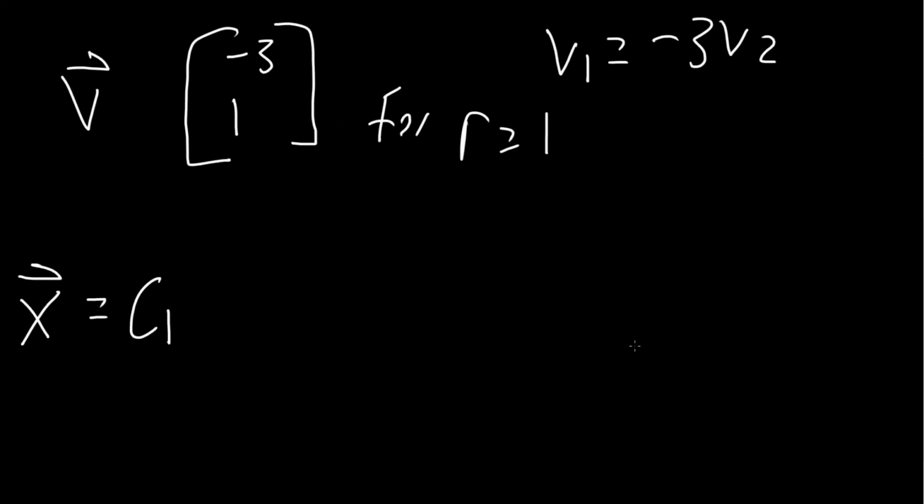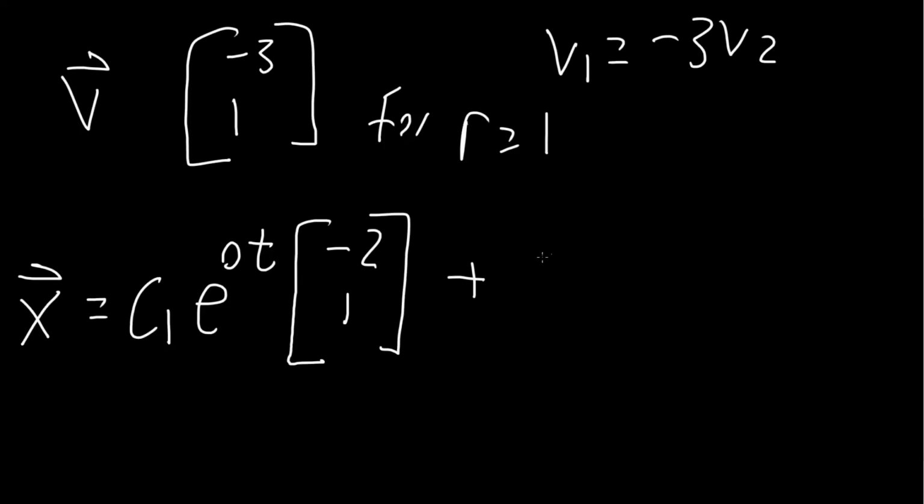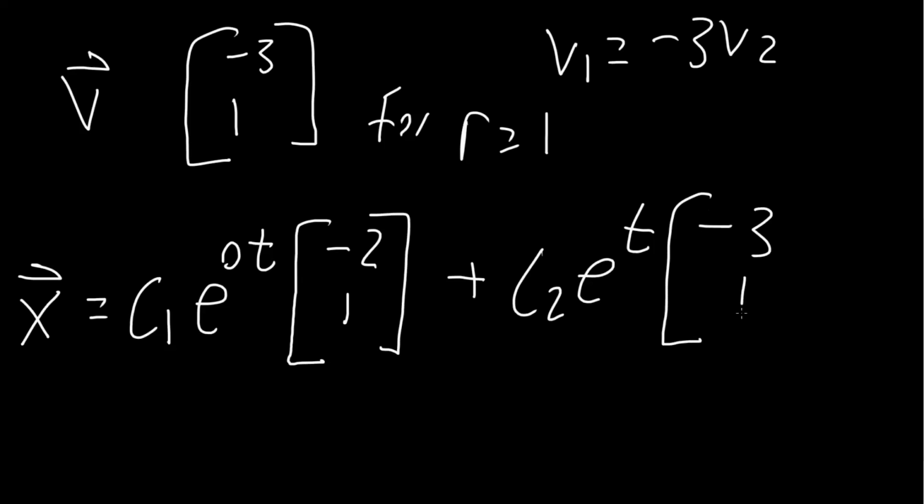And so it would be C1 e raised to 0t. The eigenvalue was 0, and the eigenvector was negative 2, 1, plus C2 e raised to, the eigenvalue here was 1, so t, and the eigenvector was negative 3, 1.